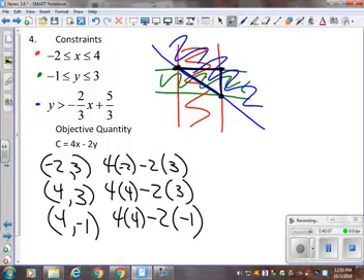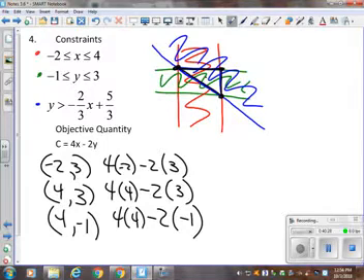I changed all the y's to the y in each one. You calculate them all up. Whichever one has the smallest answer is the minimum. Whichever one has the largest answer is the maximum. And the other one, we don't care about. All we want is which one of these has the highest and lowest number.